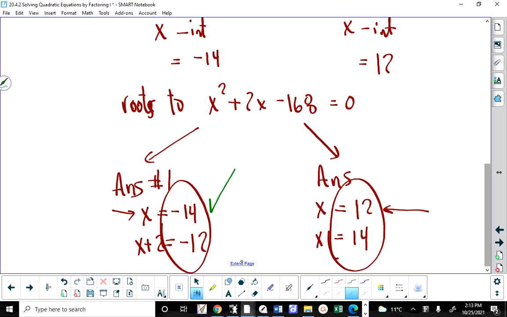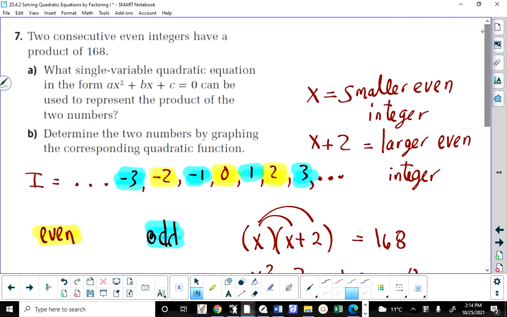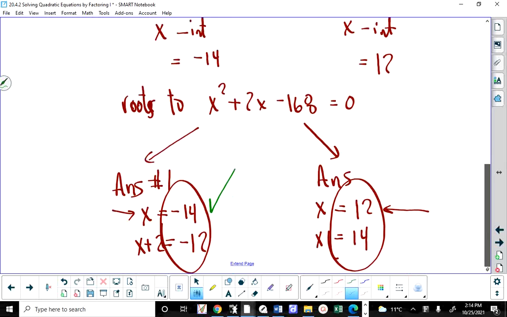Do they multiply to give 168? Yes. So, as it stands right now, there are two answers, unless the question said two positive even consecutive integers. And I don't think I saw that. It just says two consecutive even integers. What this means is, and I have a feeling in the back they'll just have 12 and 14 as the answer. They do not have that. Do they?